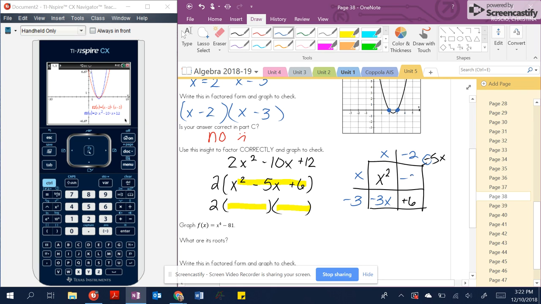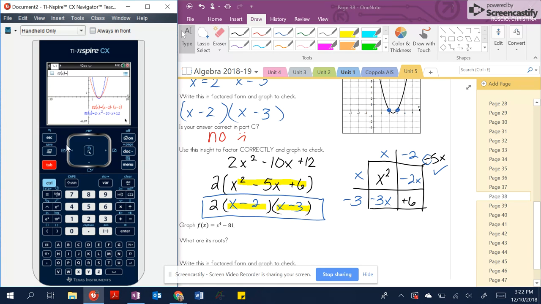So negative 3x and negative 2x add to negative 5x. So my factors are x minus 2 and x minus 3. So this is factored completely. If we add that sneaky little GCF out in front, you're going to see the graphs match up nicely.